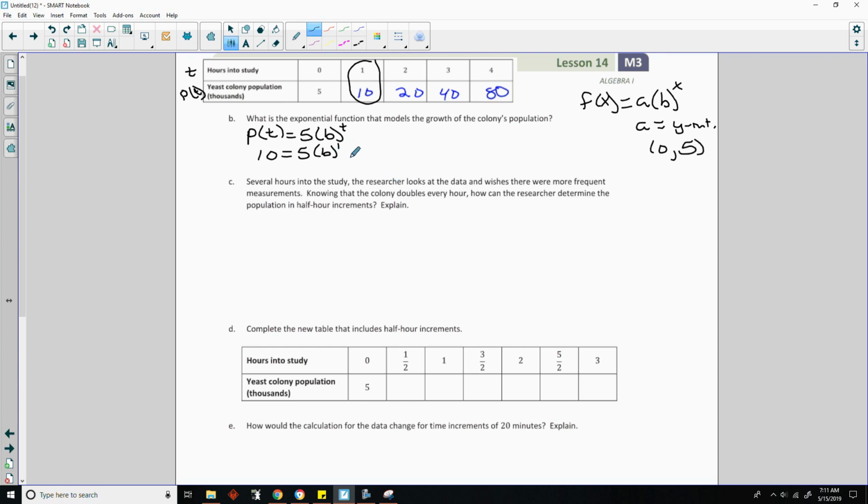Well, b to the 1 is simply b, so 10 equals 5b. When I divide by 5 on both sides, I'm kind of out of room here, but I'm sure you can see that dividing by 5 will get us b equals 2. And therefore, P of t equals a times b to the t.